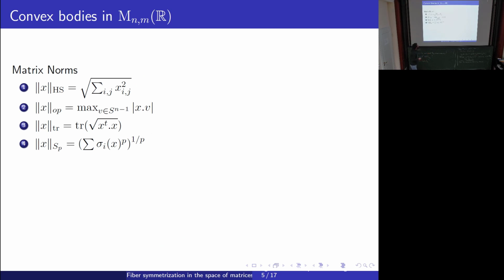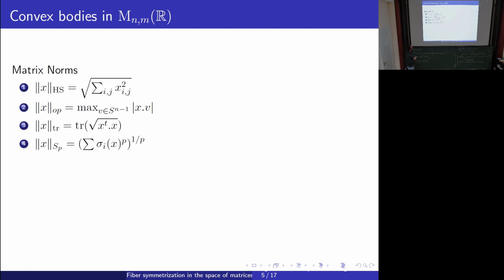Now I will apply this fiber symmetrization in spaces of matrices, and this makes sense because there are lots of interesting convex bodies in matrix spaces. So I consider matrix spaces of n rows and n columns, and here we have lots of useful norms.